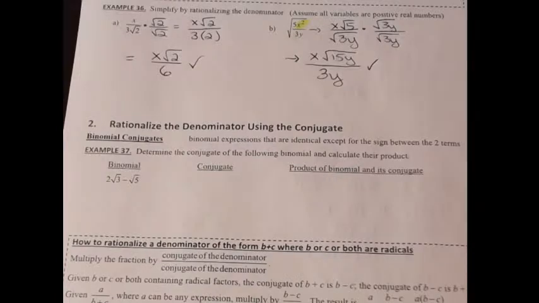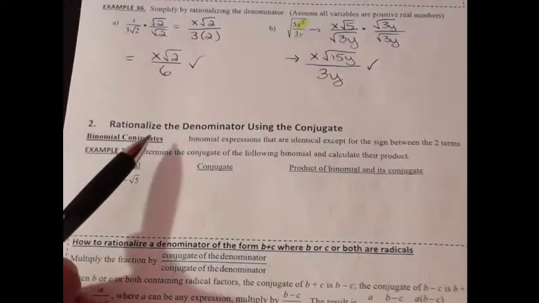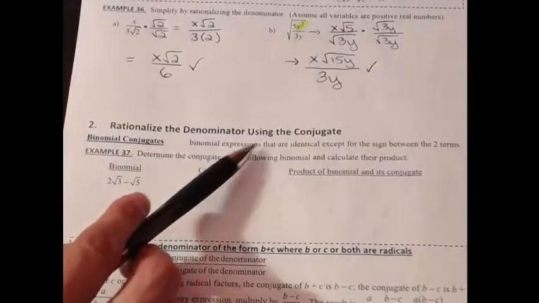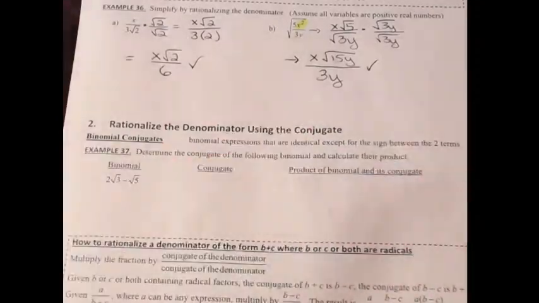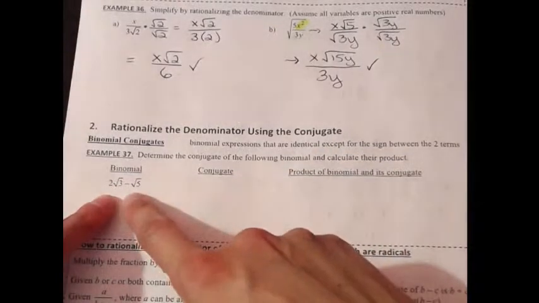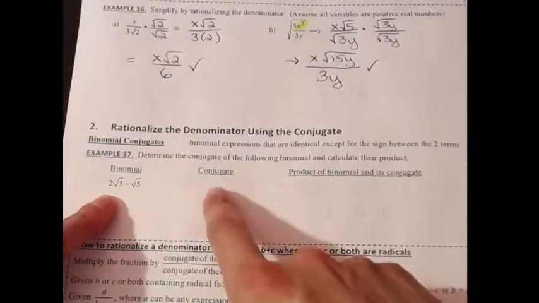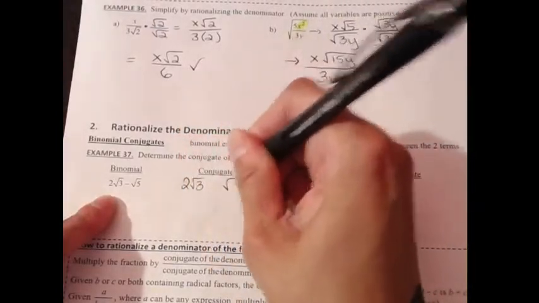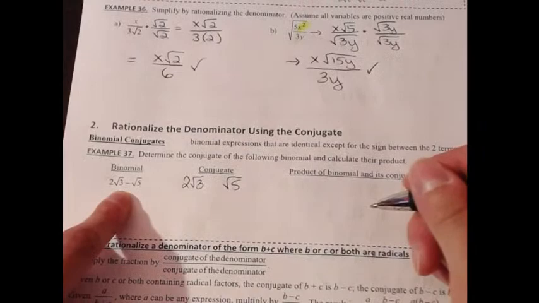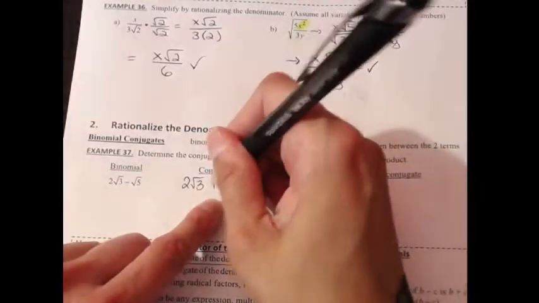Okay? So binomial conjugates are binomial expressions that are identical except for the sign between the two terms. So for instance, here's our binomial, right? The conjugate is the exact same two terms, but instead of a minus, we have plus.